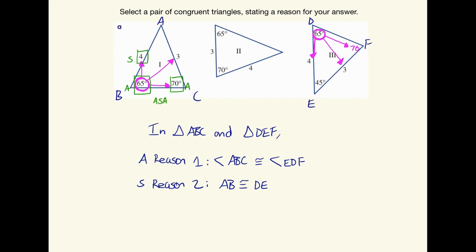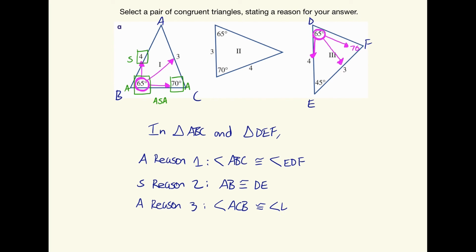Our last reason is our last letter, which is going to be A, so that's angle, and that's our third reason. Reason 3, colon, angle. Now, for this angle here, it's going to be ACB. So angle ACB is congruent with angle DFE.